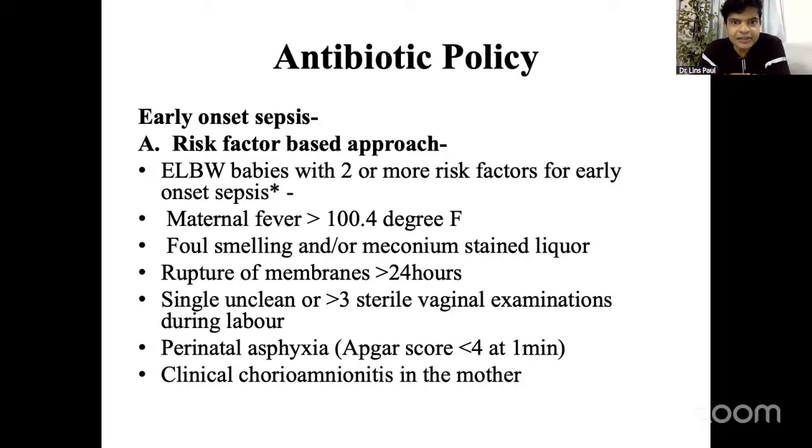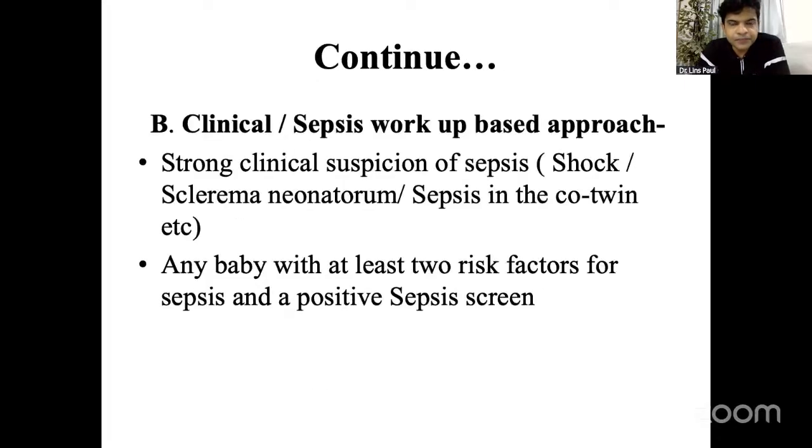In that situation there is no need for doing a lumbar puncture because there are no clinical signs of sepsis. You are just starting the antibiotics based on a risk factor based approach. The next indication for starting antibiotics is a very strong clinical suspicion of sepsis, like if the baby is in shock or is having sclerema, then you can start the baby on IV antibiotics even if the sepsis screen is negative.